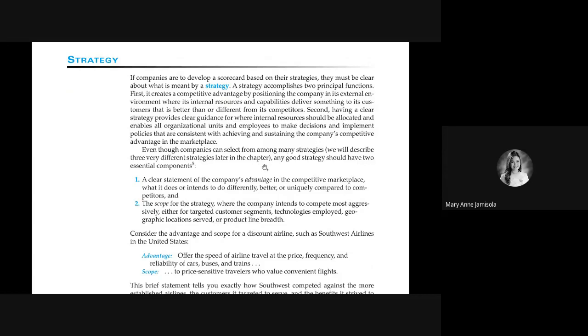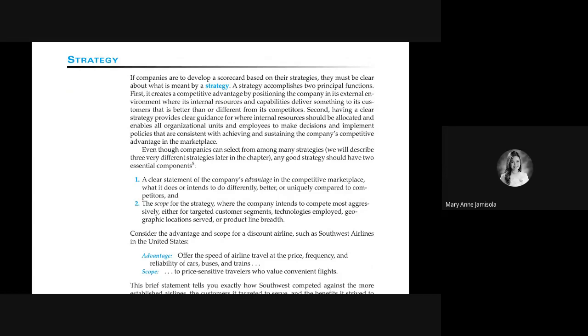Nga, unsay naa nato, unsay ika-offer nato nga dili maika-offer sa ato ang competitors. And then second is the scope. You need also to define the scope of your strategy. So when we say scope, that actually refers mainly to your target market, for example.